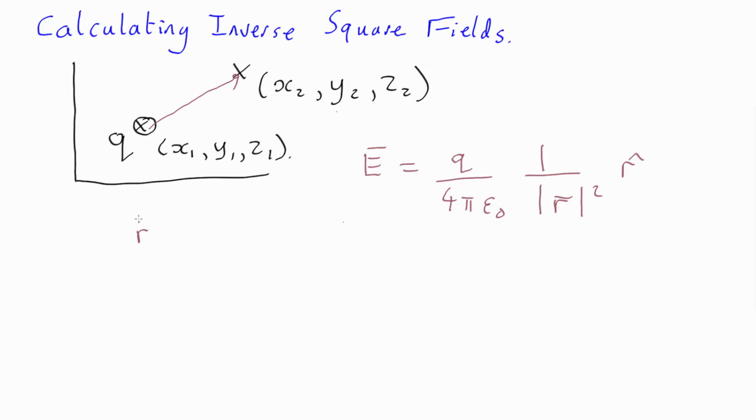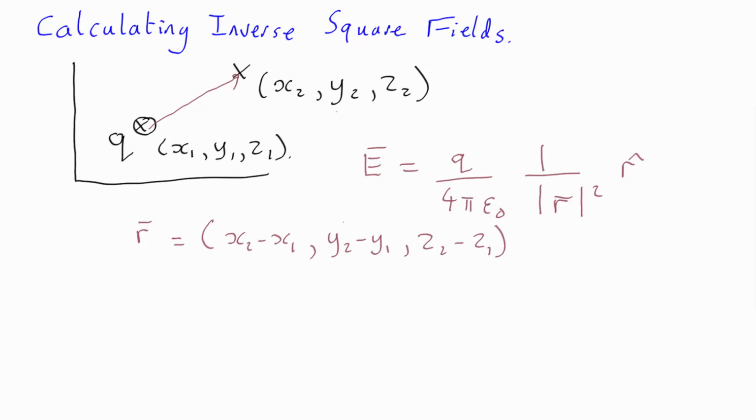So r is the difference from the final position to the new position. So that equals x2 minus x1, y2 minus y1, z2 minus z1.